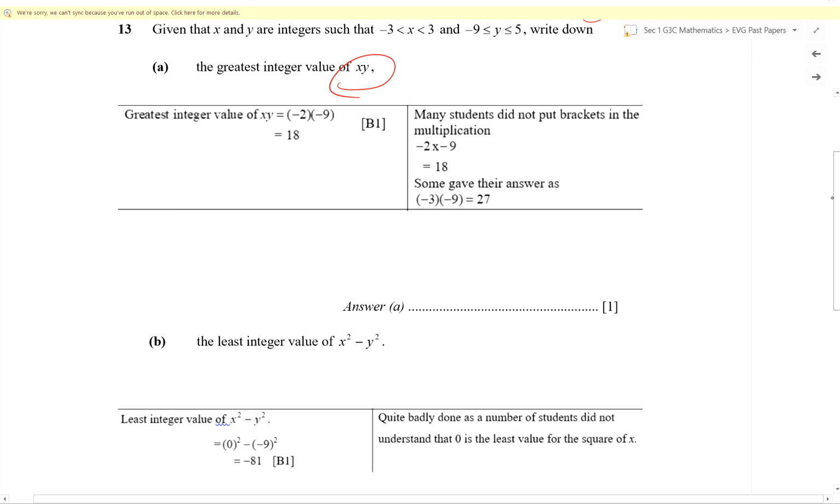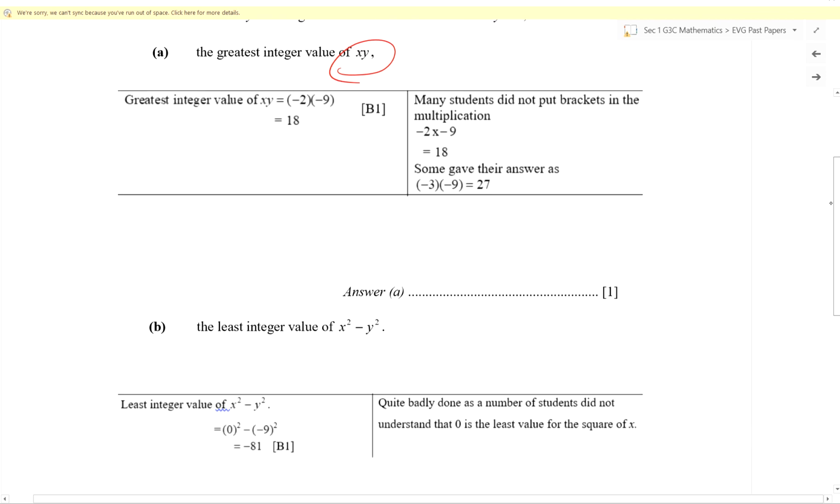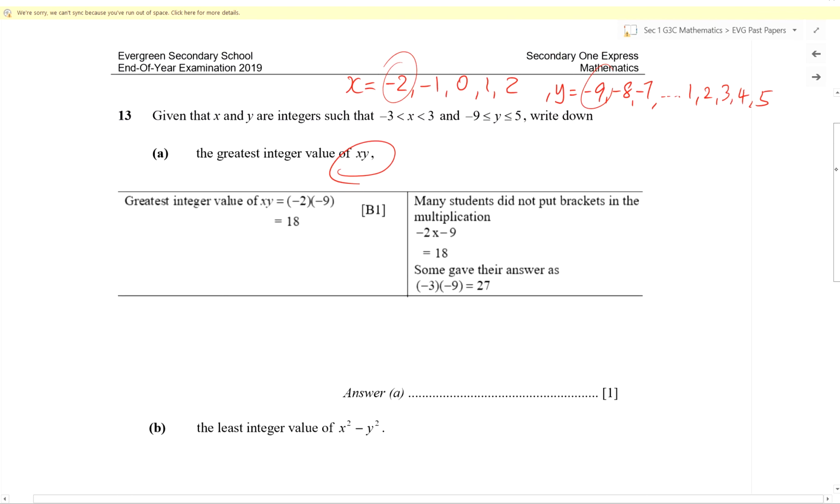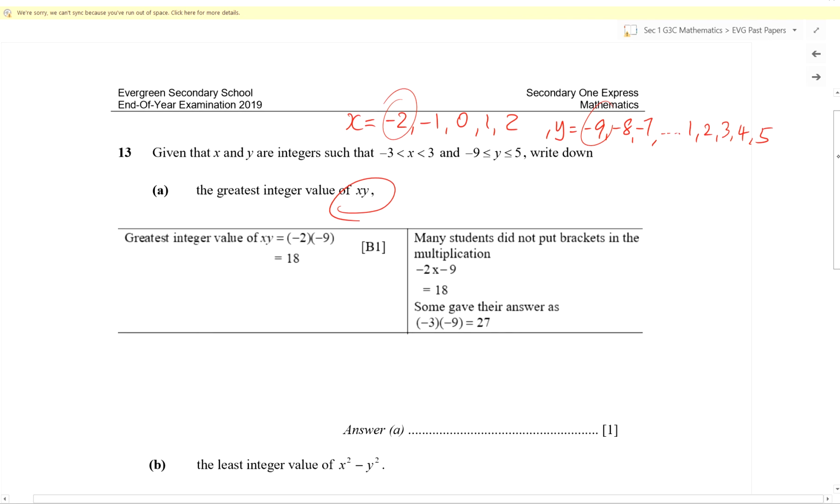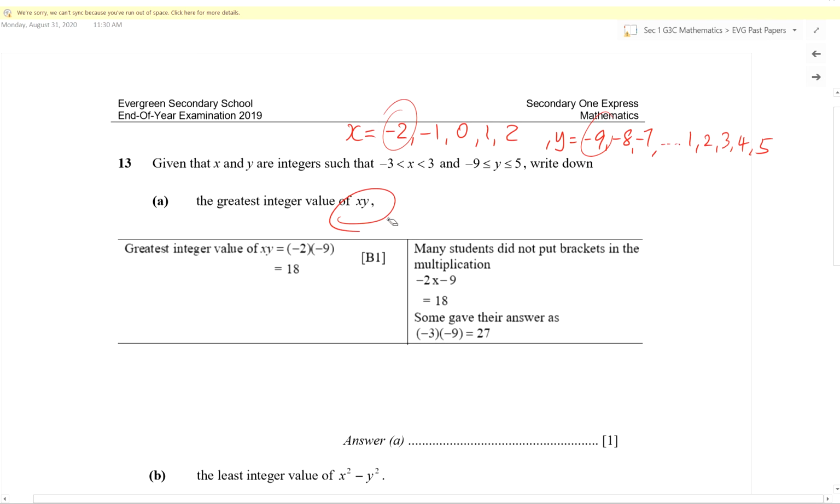Okay, the next one, the smallest x squared minus y squared. I want the smallest x squared minus y squared. So, how do we obtain the smallest answer when you have something minus something?